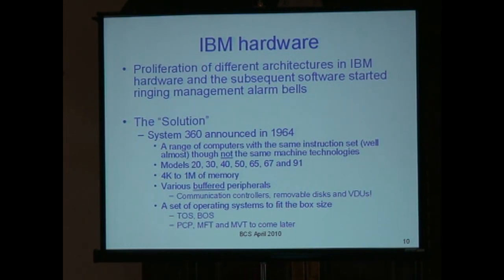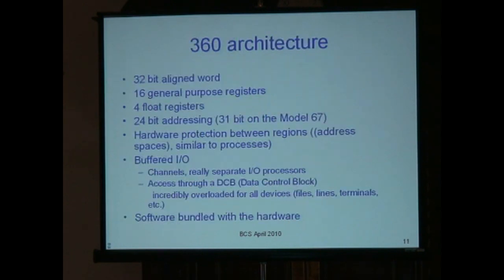And then, of course, we hadn't solved this bit. Everybody started to write their own operating system. So TOS and BOS, tape operating system and basic operating system, etc., etc. So I think everybody knows what a 360 looked like. 32-bit word and 24-bit addressing.